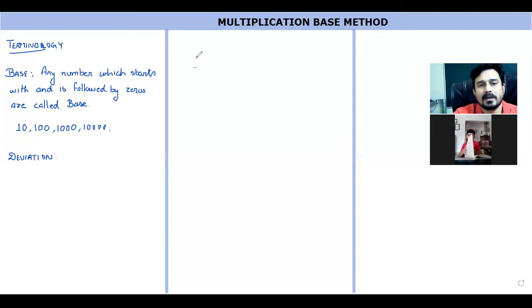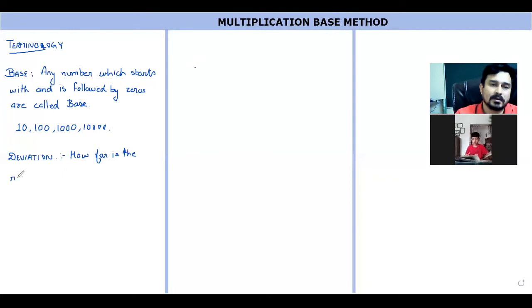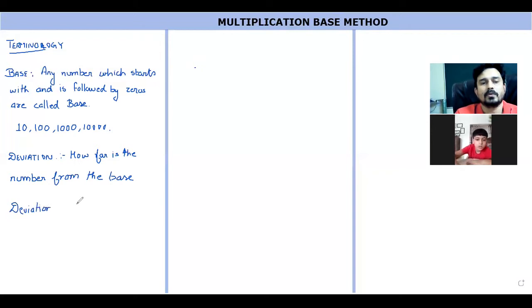Deviation means how far the number is from the base. Mathematically, deviation is equal to number minus the base.